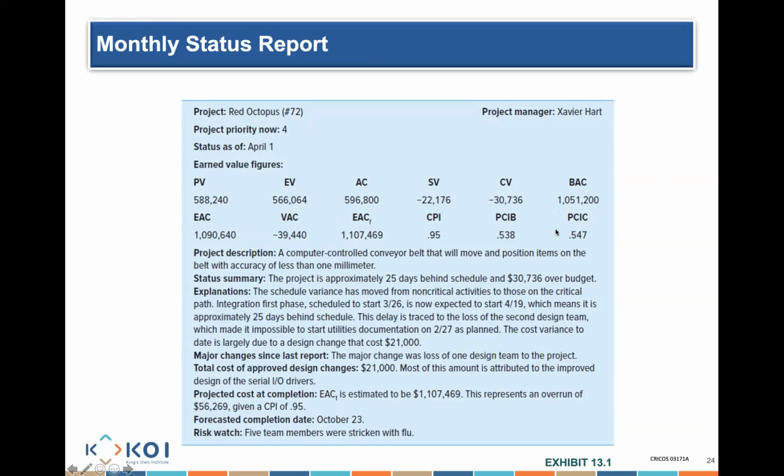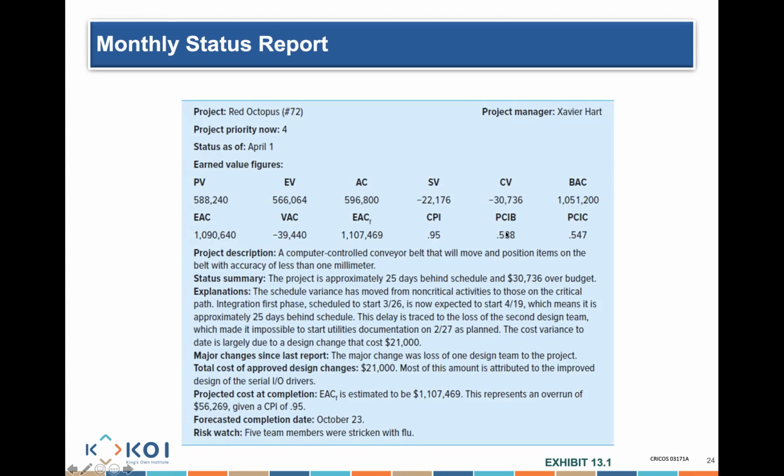But the most important thing, as I told you before, is not simply about the formulas, but also about telling me what that data means. This is a very good slide to help you understand what the figures mean. Look here, CPI of 0.95. What does that mean? It means for every dollar that I'm spending, I'm only getting 0.95 worth of work completed. That's not great.